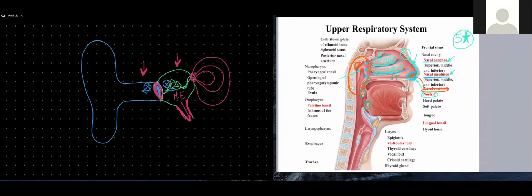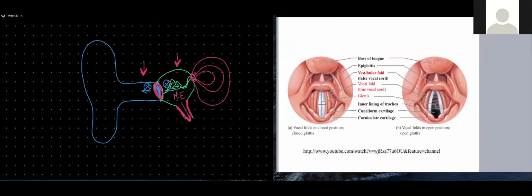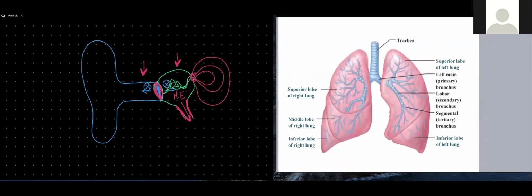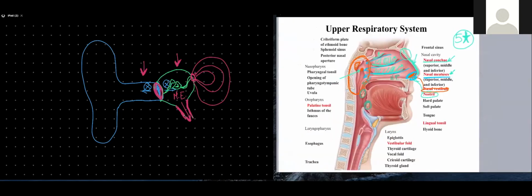For you to imagine how the palatine tonsils look like, see on here, anterior view of the oral cavity.